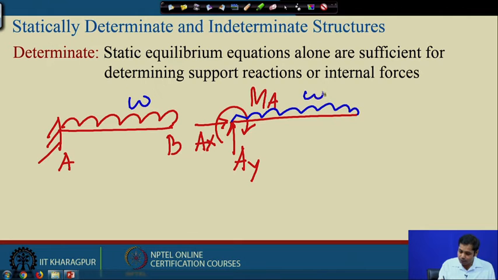Now we have three unknowns here: AX, AY, and MA. If we write the summation of Fx equal to 0, this directly gives us AX equal to 0.